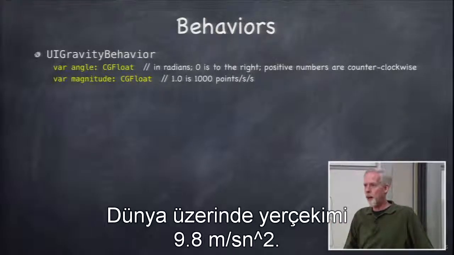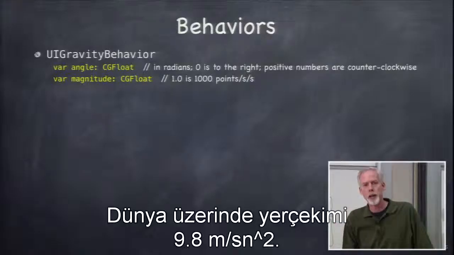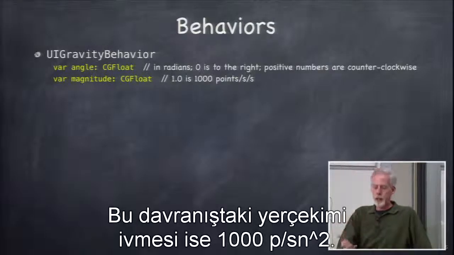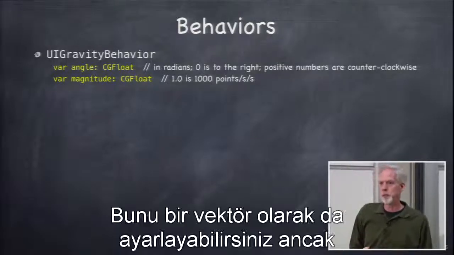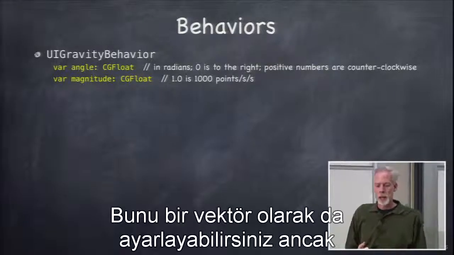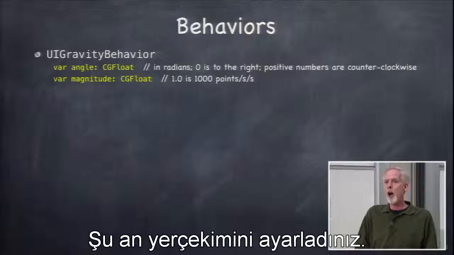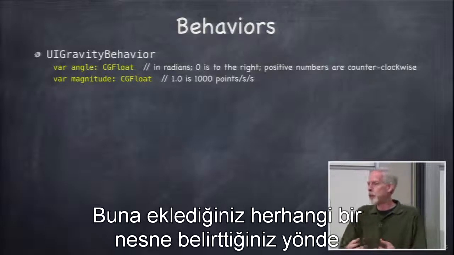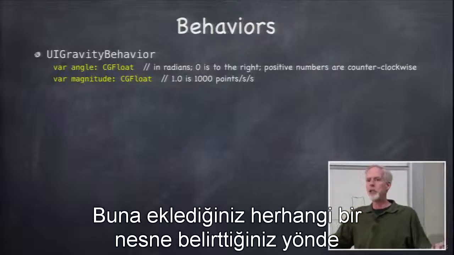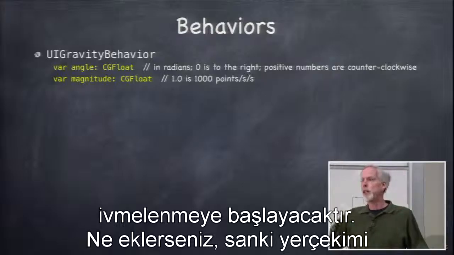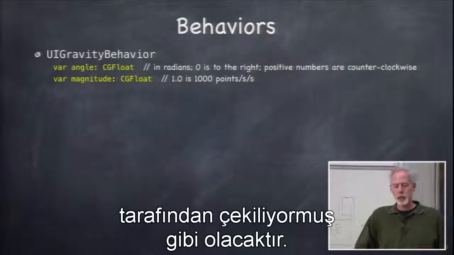The acceleration due to gravity on Earth is 9.8 meters per second squared, and the acceleration due to gravity in these behaviors is 1,000 points per second squared. Okay? You can also set this as a vector, but angle and magnitude are probably the easiest way to understand this. So you just set this gravity. Now any item you add will start accelerating in that direction. The instant you add it, it's going to start accelerating in that direction, just like gravity was pulling on it.